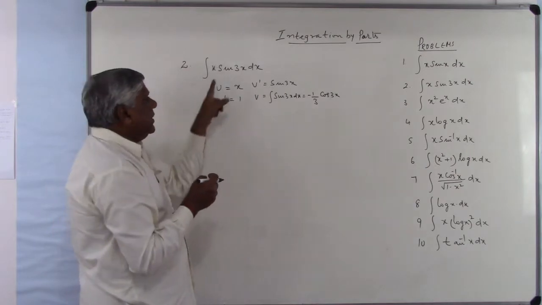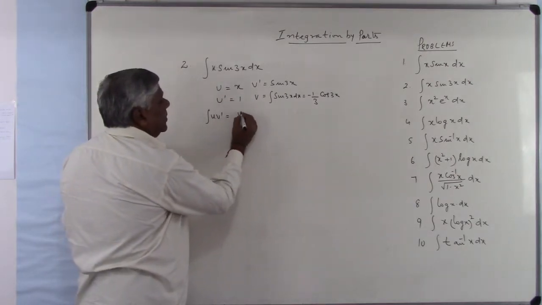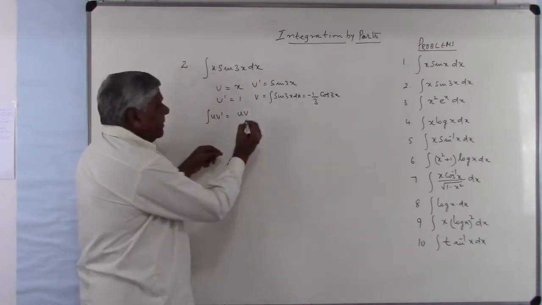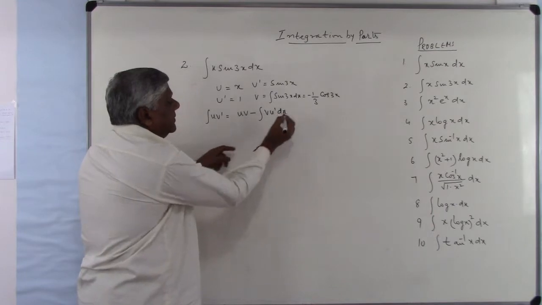Now what is the formula we are going to use? Integral uv dash is equal to uv minus integral vu dash into dx.